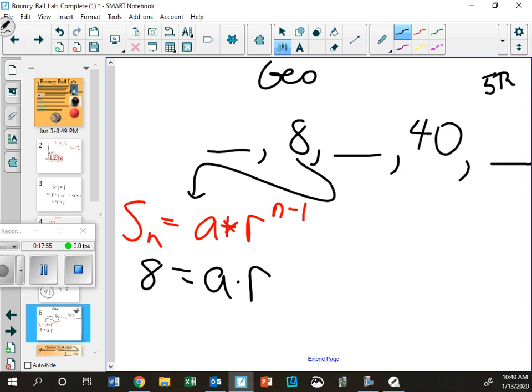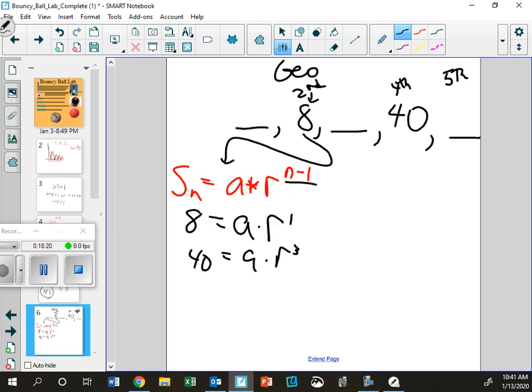Yeah, it's the second term. So if that's the second term, then it's a 2 minus 1, which is a 1. And so 8 equals A times R. Make sense? The other one is 40 equals A times R to the... That 40 was the fourth term. So 4 minus 1 makes 3 up here.